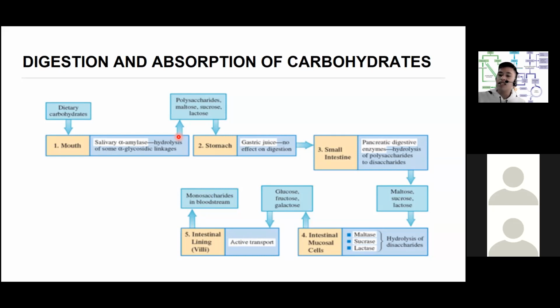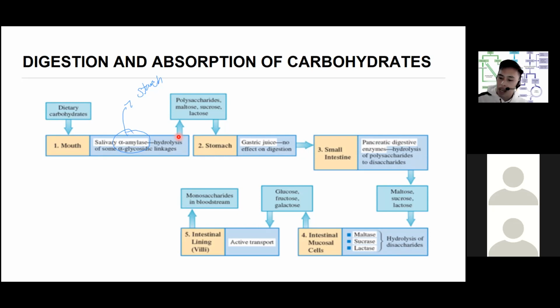The saliva contains what we call salivary alpha amylase. So when you eat carbohydrates, this enzyme is able to hydrolyze carbohydrates. Specifically, what carbohydrate is hydrolyzed by salivary amylase? Your starch.